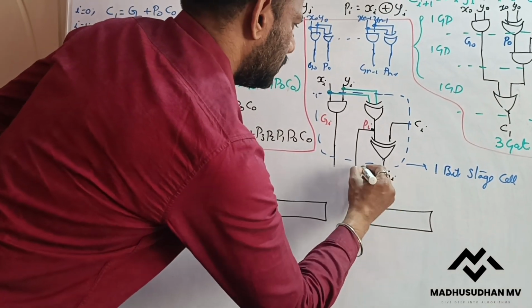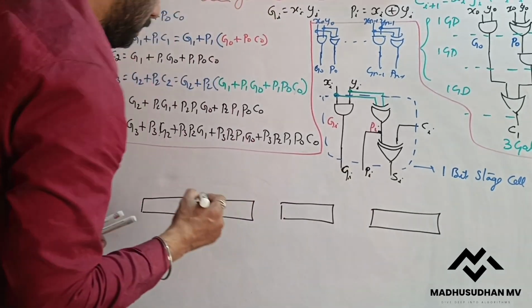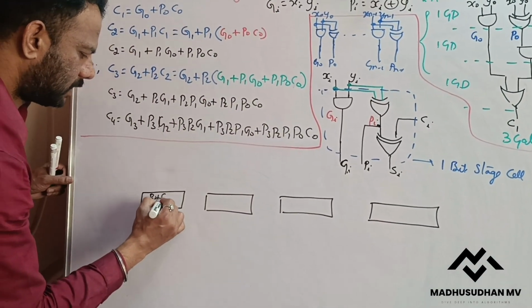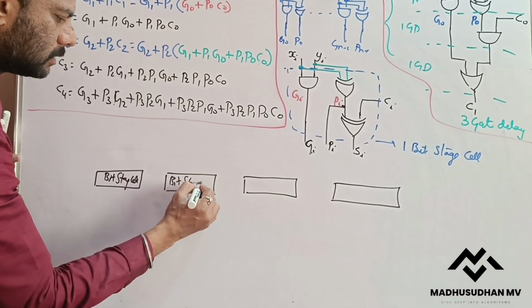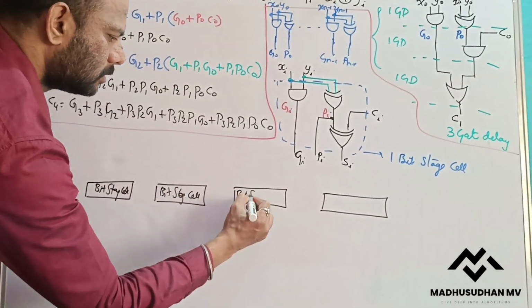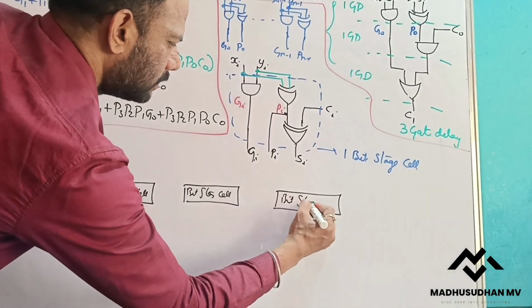This is Si, this is Pi, this is Gi. Now this is my bit stage cell, bit stage cell, bit stage cell, bit stage cell.